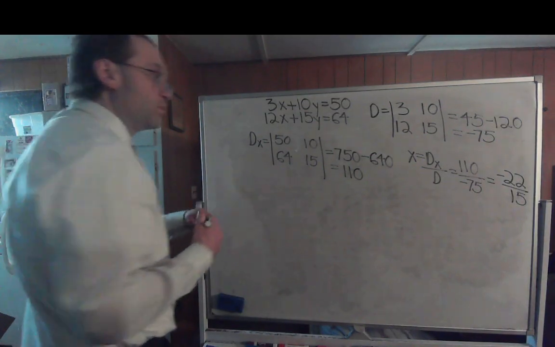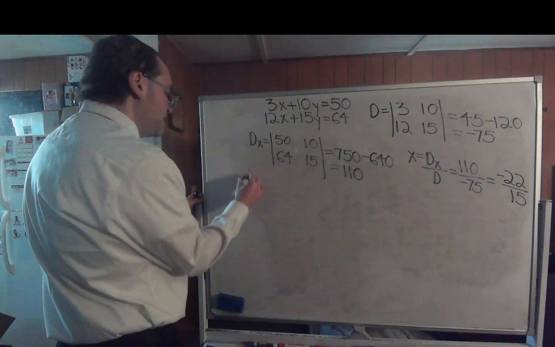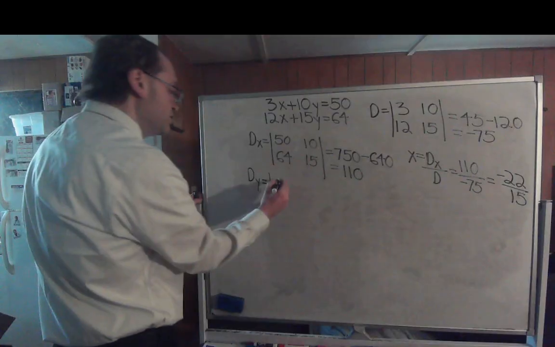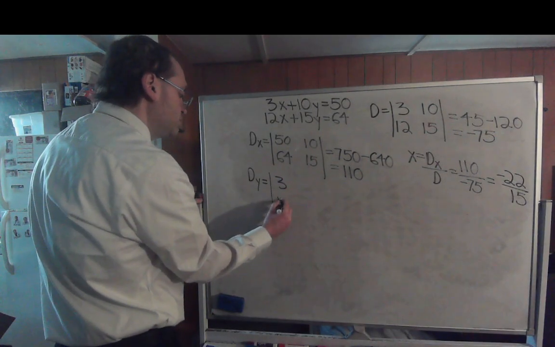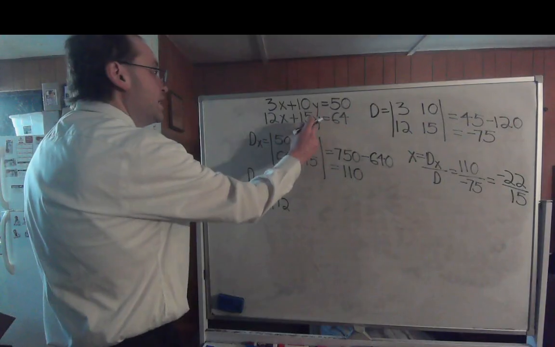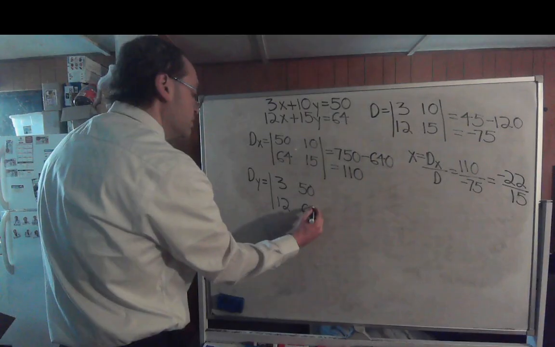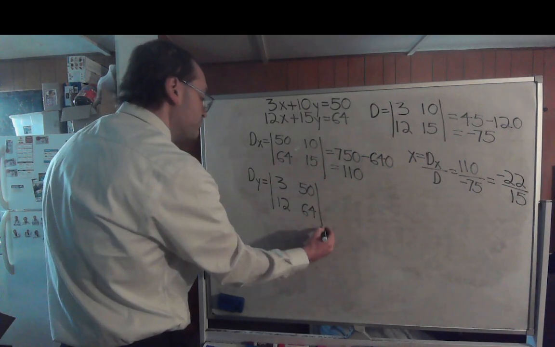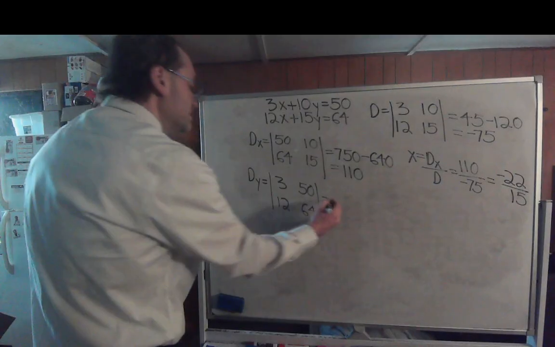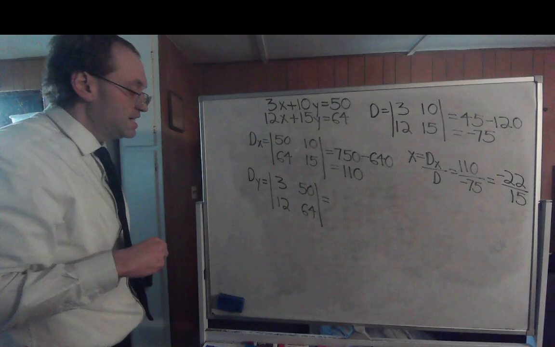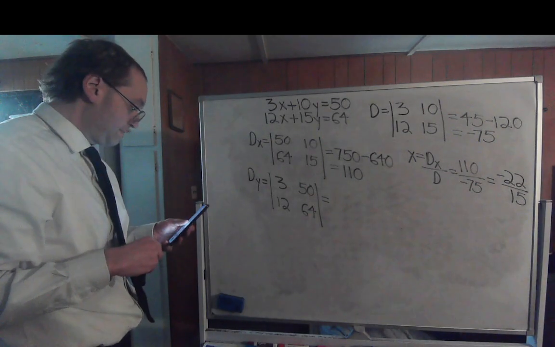Now let's solve for y. So find d sub y first. For d sub y, you'll leave your x coefficients alone, keep the 3 and the 12, but replace your y coefficients with 50 and 64. Alright, so what the heck is 3 times 64? I have a rough idea, but I just want to be sure.